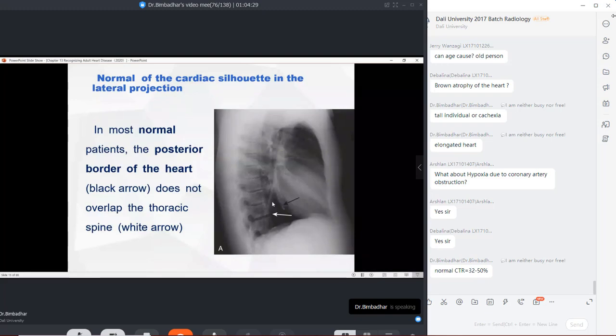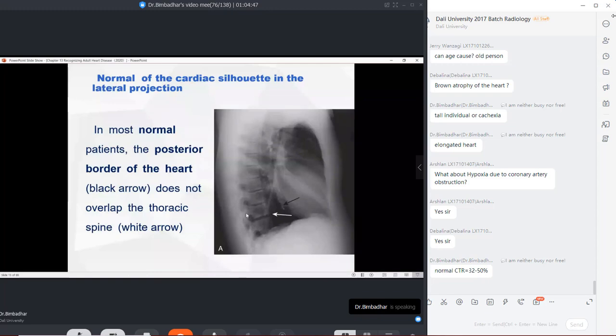Or it might be happening because of mediastinal tumors as well, and some other conditions, but we will not be dealing with them right now. But just try to understand one thing, that this heart is obscuring the shadow of the spine, and you can particularly differentiate it as heart shadow.